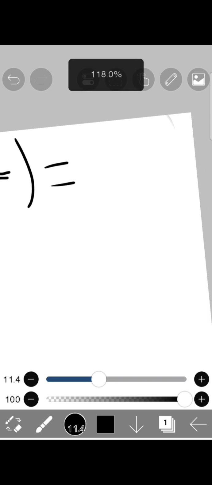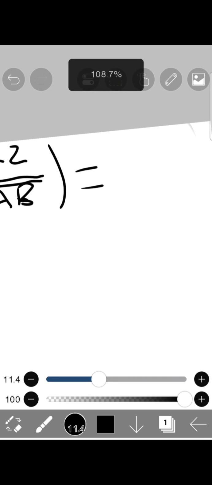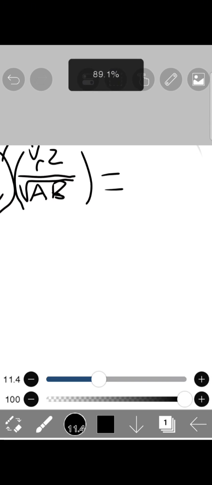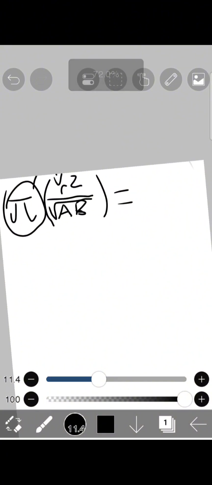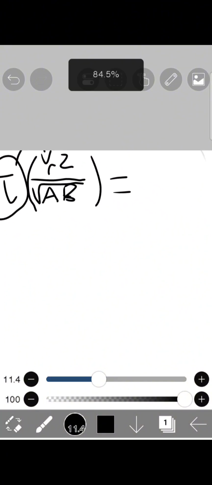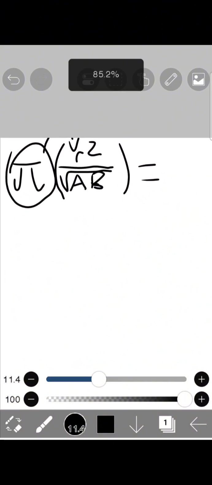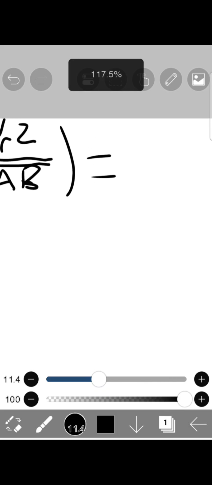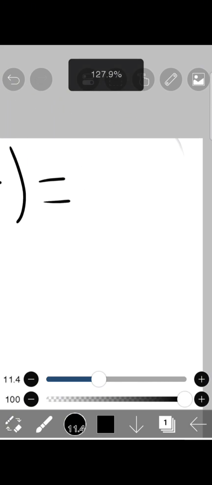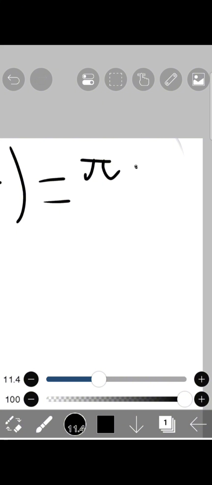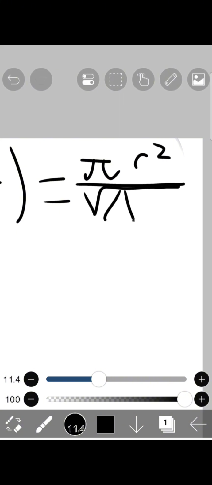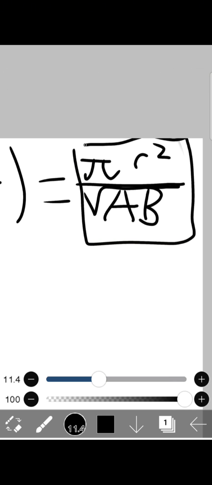So that's finally our final formula for the area of our ellipse, from our silly little circle equation that we somehow pancaked: pi r squared all over the square root of ab. And that is our formula.